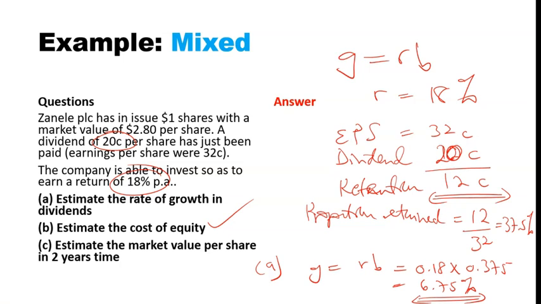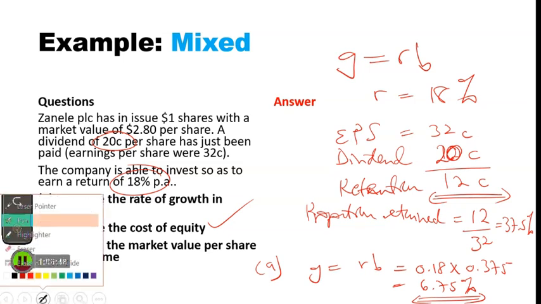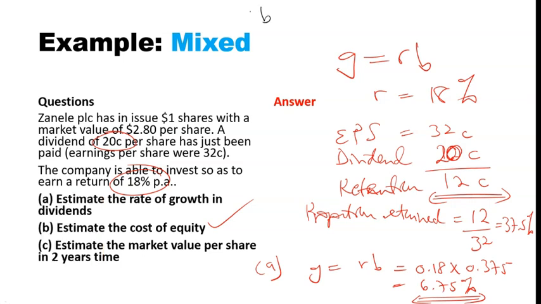Now let us attempt part B. Now, to estimate the cost of equity, given the information so far, we can easily say Ke is equal to D1 over P0 plus g.